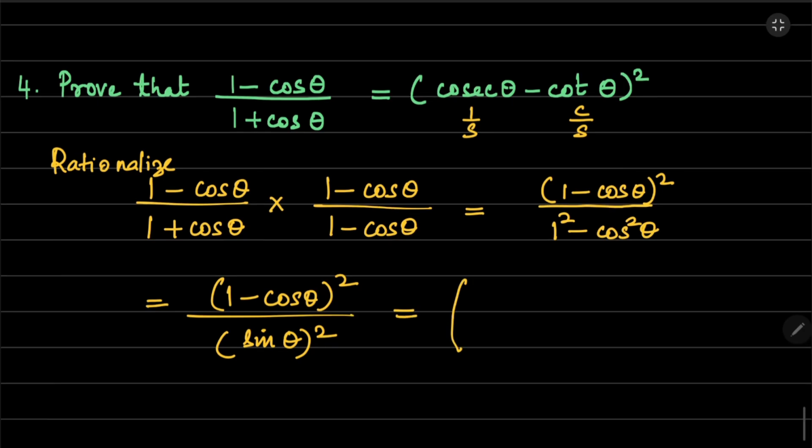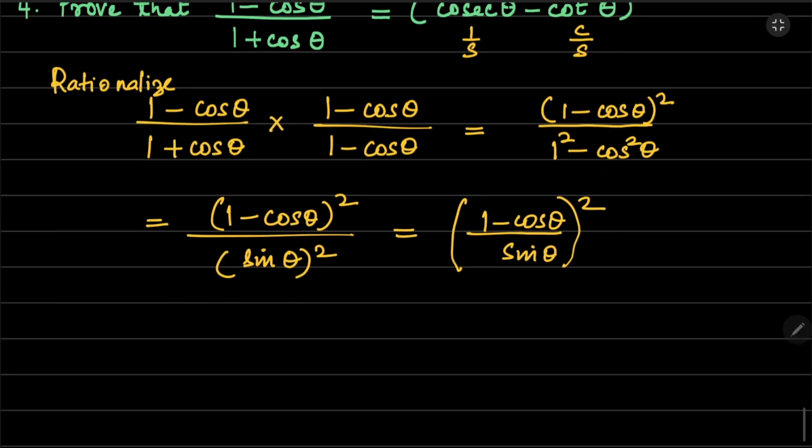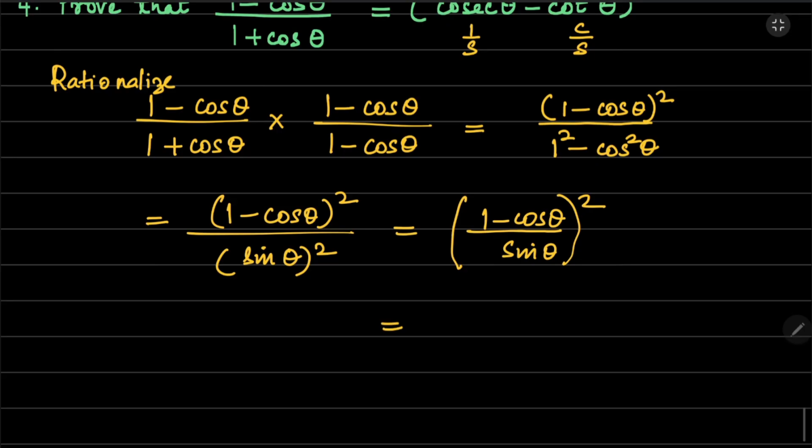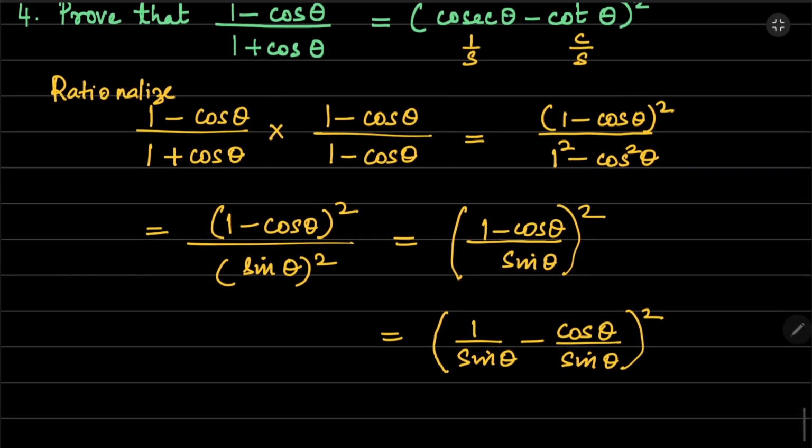This is equal to, open the bracket, (1 minus cos theta) divided by sine theta, the whole square. Right? So you can split the denominator among the two terms within the square. So what is it? (1 over sine theta minus cos theta over sine theta) the whole square. So what is 1 over sine?